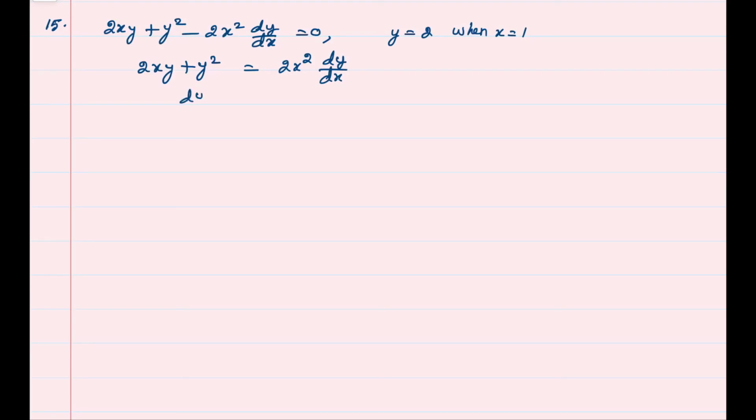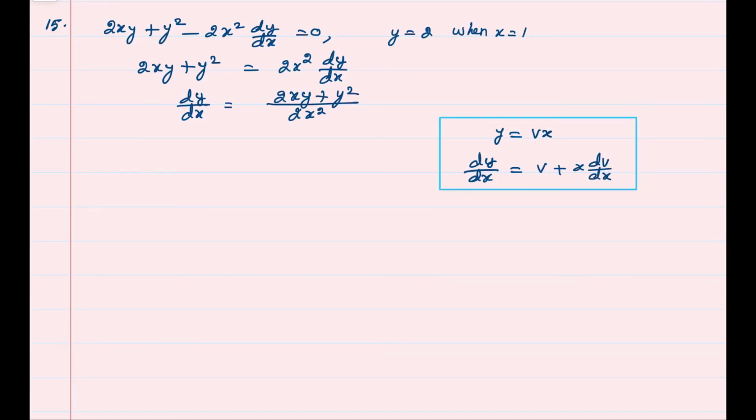Therefore, dy by dx is 2xy plus y square divided by 2x square. We will substitute y as vx. Differentiating both sides with respect to x, using the product rule, we get dy by dx is v plus x dv by dx.